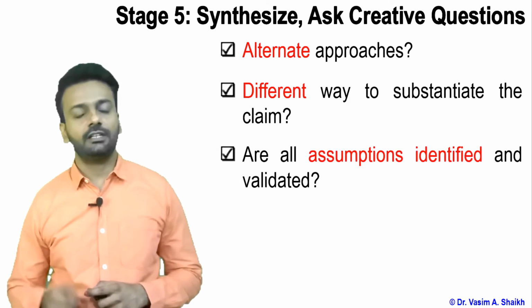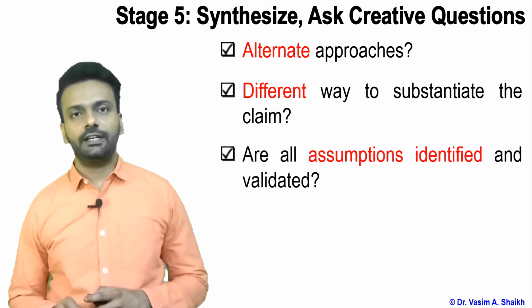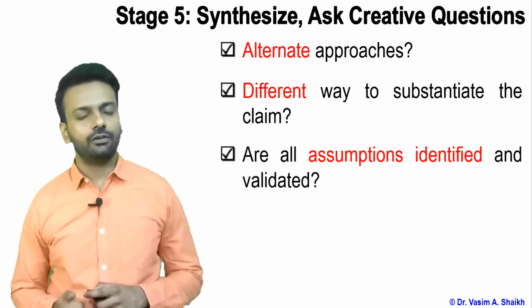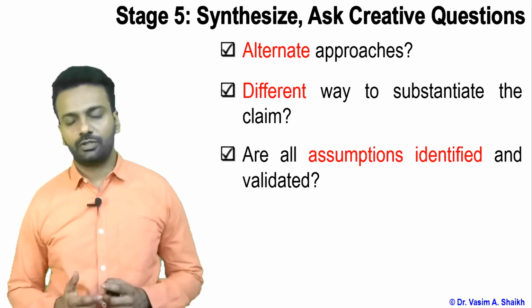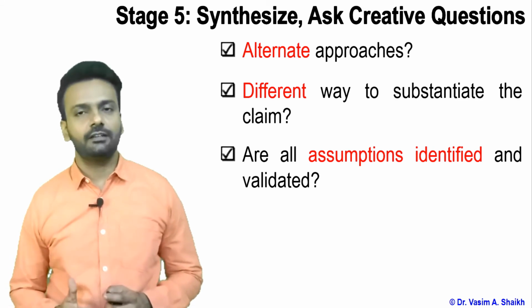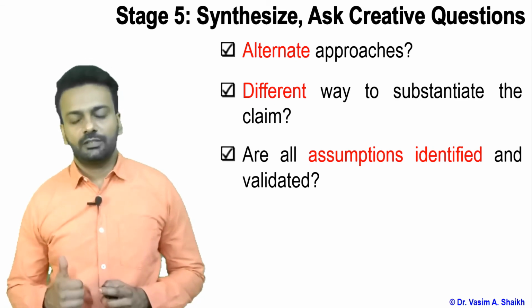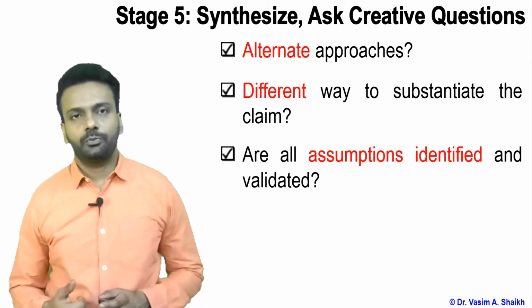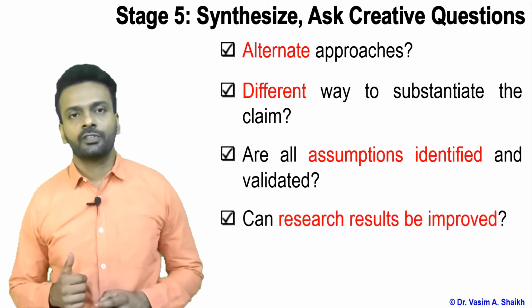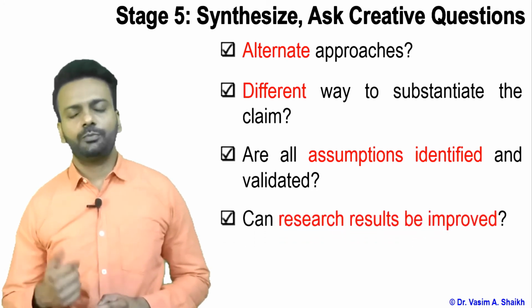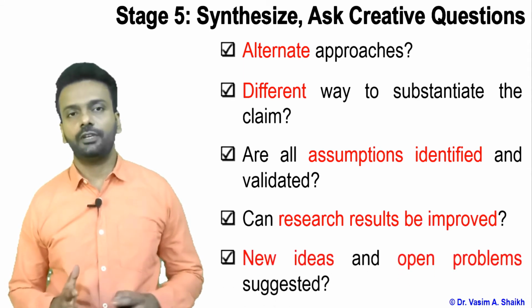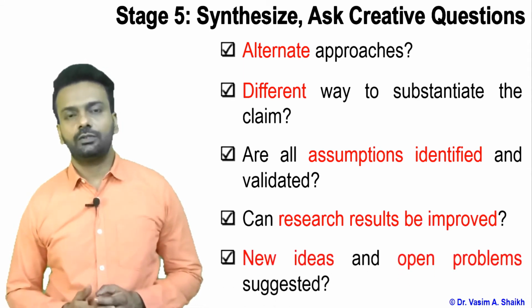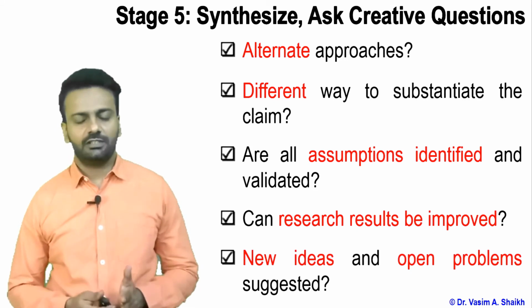Then the next thing is whether all assumptions are identified and validated or not. Sometimes there are a lot of assumptions which the paper talks about, but are these assumptions valid, and have they been identified properly or not? Then, can the research results be improved in some way or the other? And have new ideas and open problems been suggested or not?